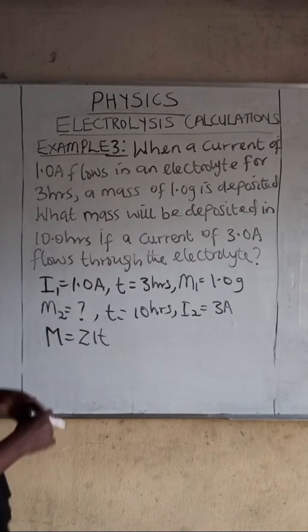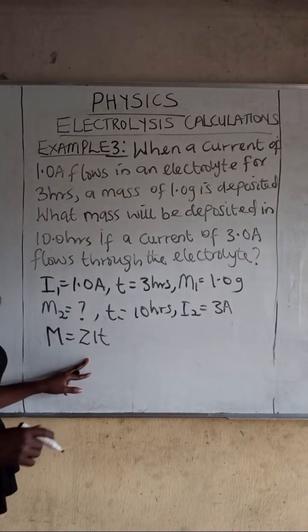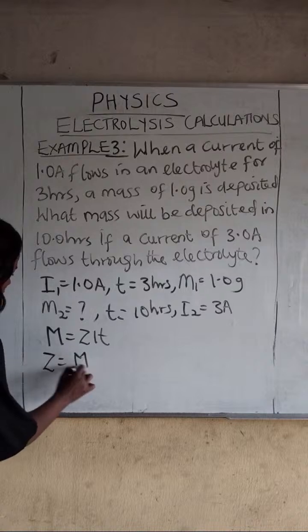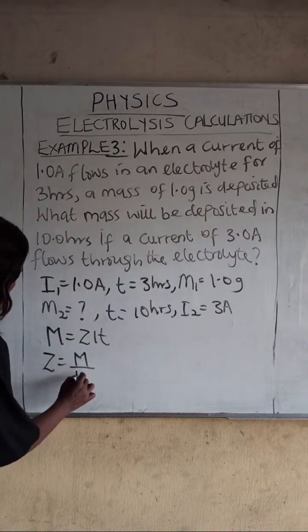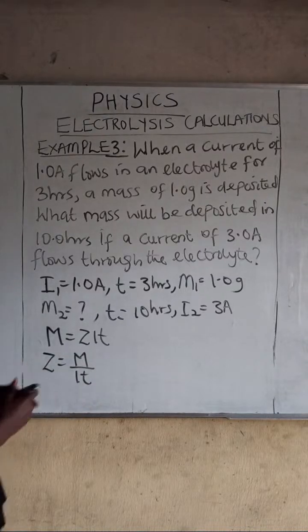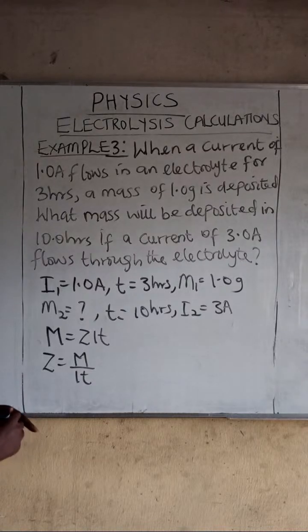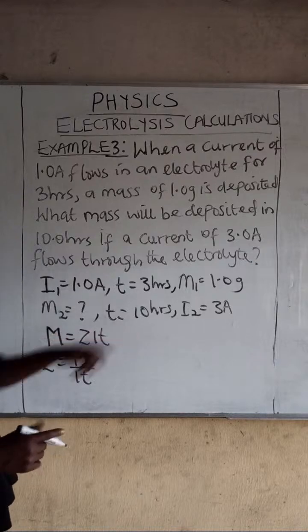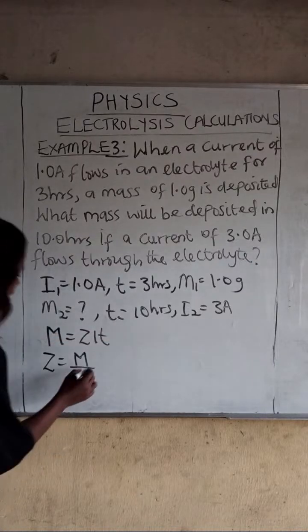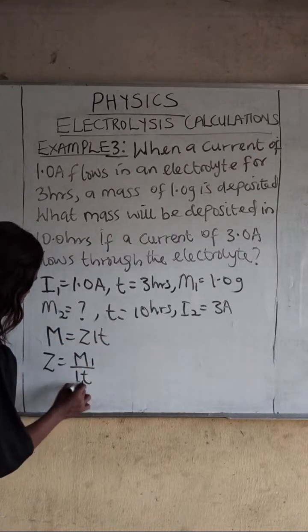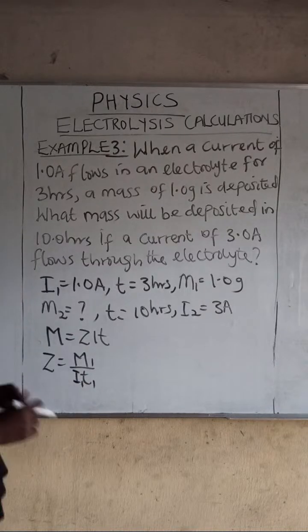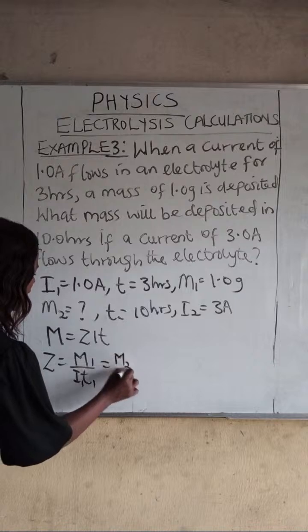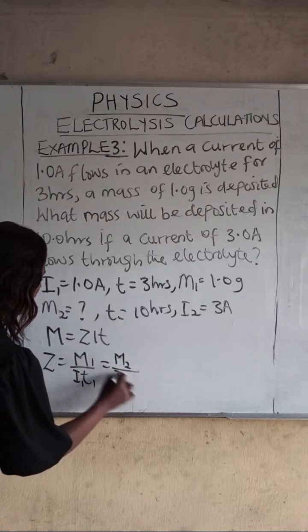If I make Z the subject, Z is equal to M over IT. Comparing with the other one, this is M1, I1, and T1, which is equal to M2 over I2 T2.